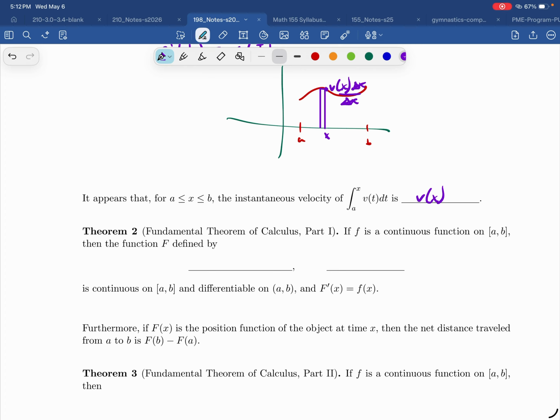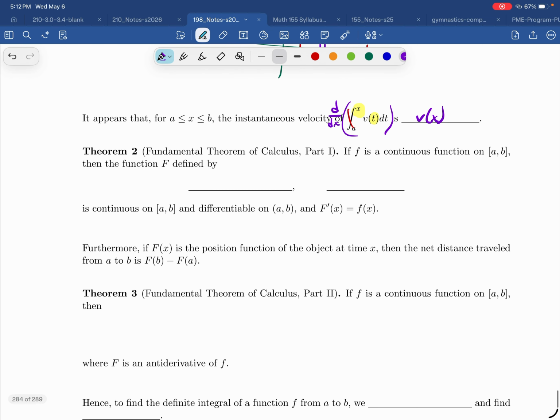Okay? So when we take the derivative of this, we just take the x and we plug it in for t and get rid of the integral. And we're done. And so that's part 1 of the Fundamental Theorem of Calculus.